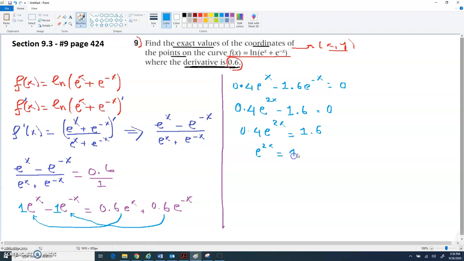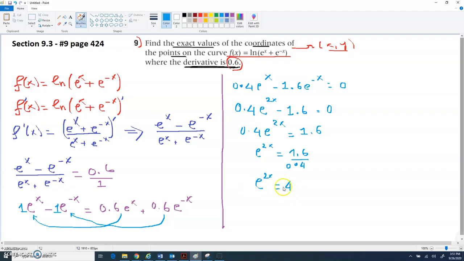So 1.6 divided by 0.4 will give me e to the 2x. 16 divided by 4 is 4, so 1.6 divided by 0.4 is 4.